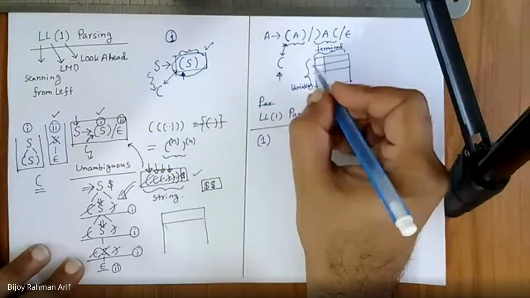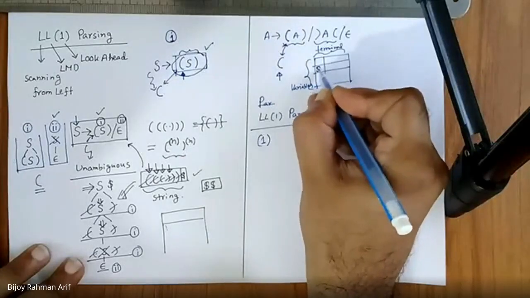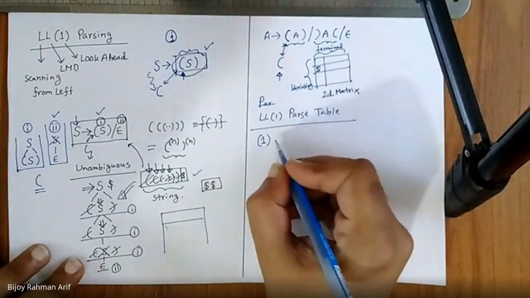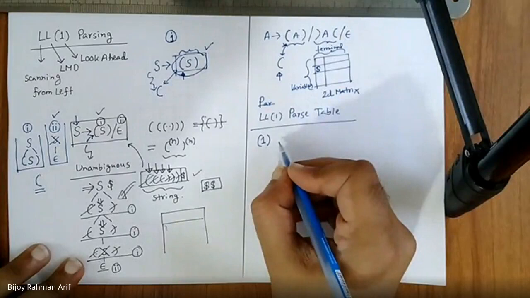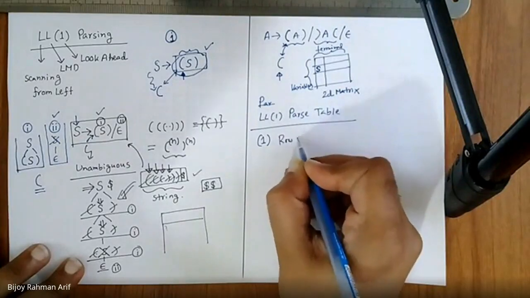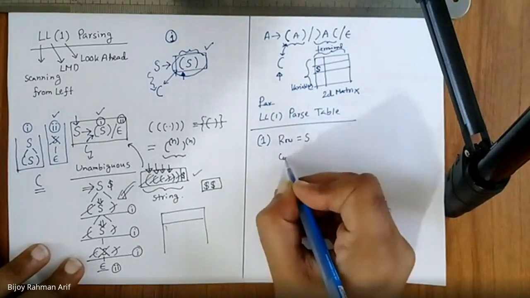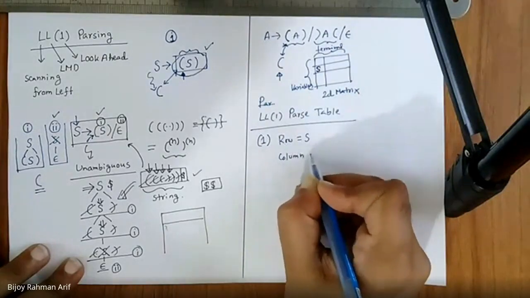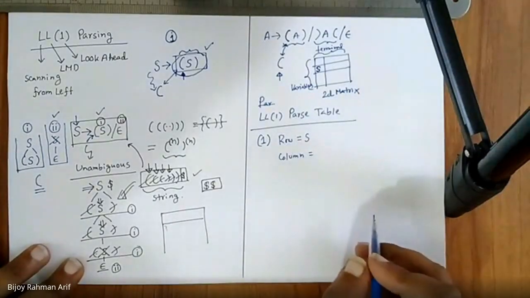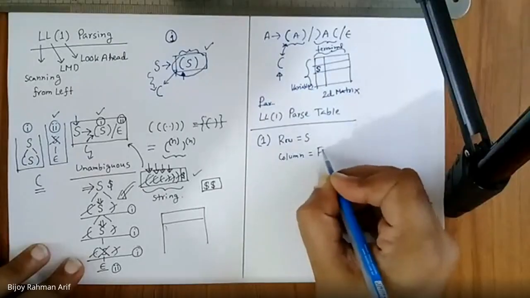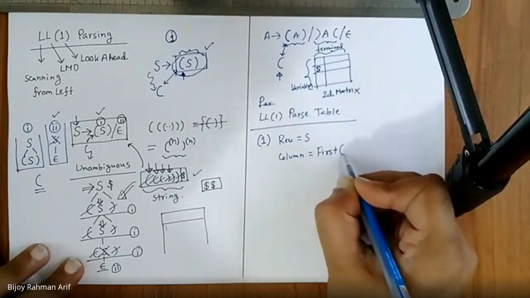Sorry, S is nothing but the number of rows. So this is my row. I would put row equal to S and column equal to what? First of S? First of RHS, not S. First of RHS. That is the difference.